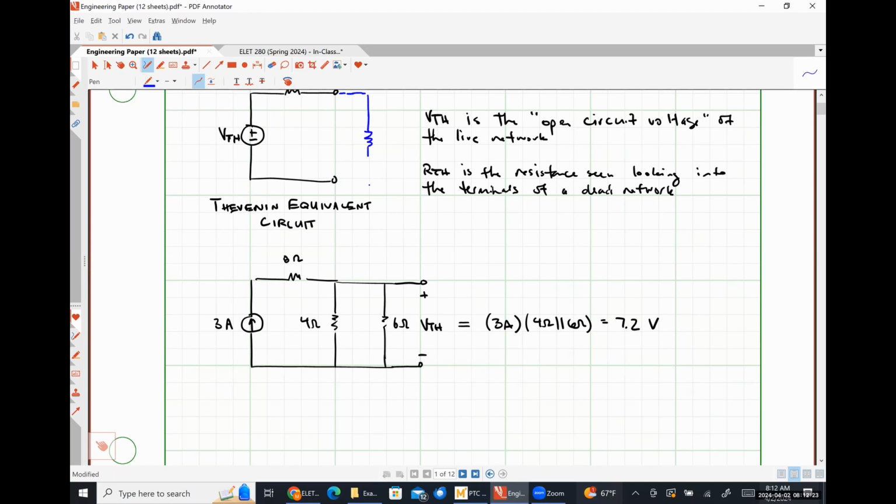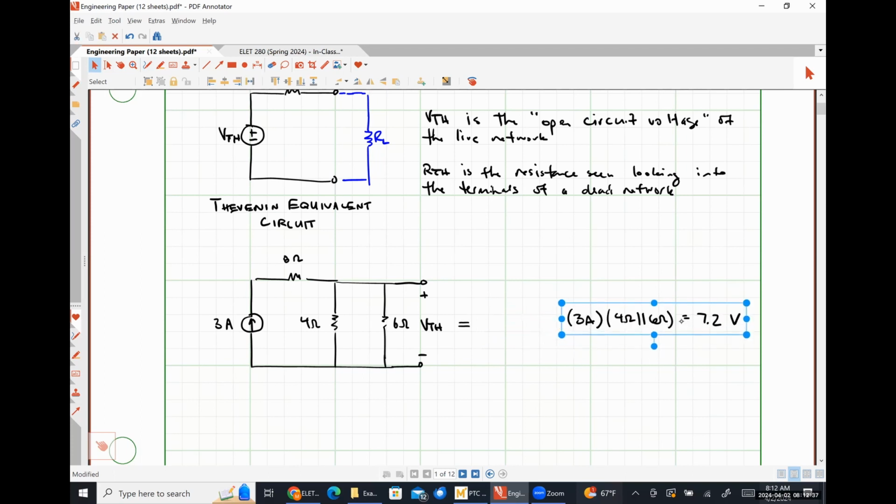So I'm going to put a load resistor here, RL, and I'm going to scoot this stuff over here to the right for now. So we remove the load resistor RL because we don't want that to influence our calculation, okay?